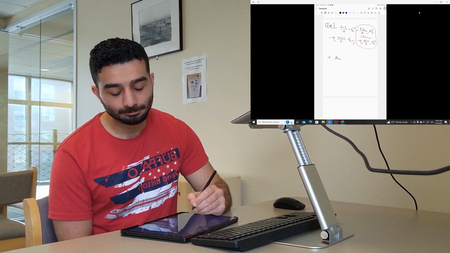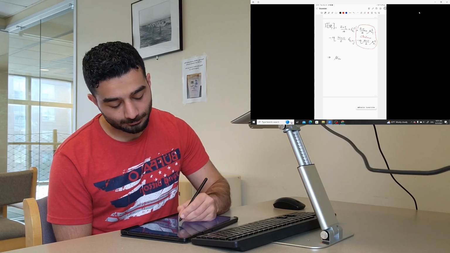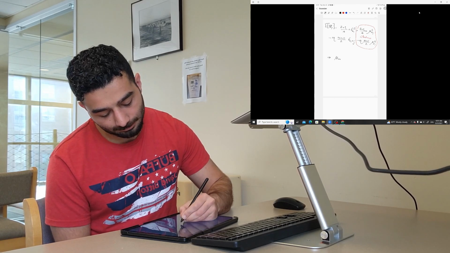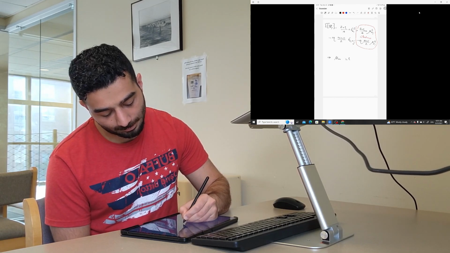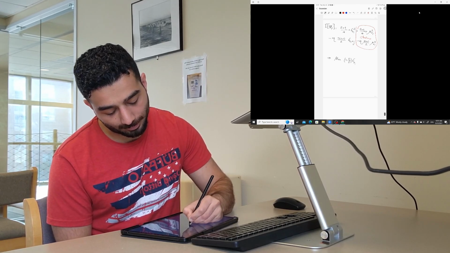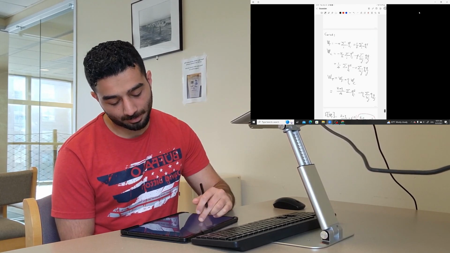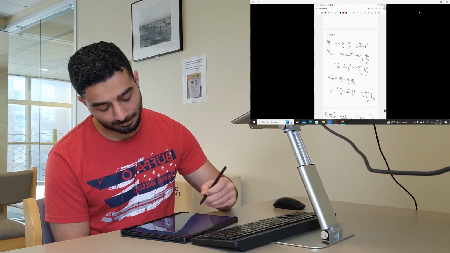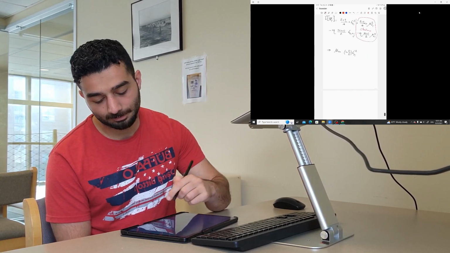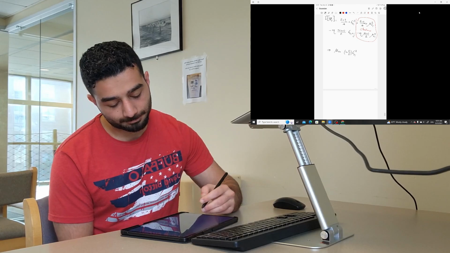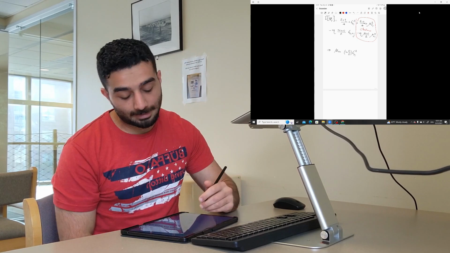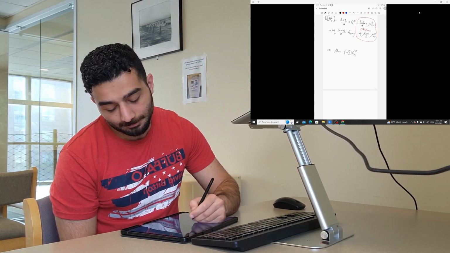maximize 1 plus eta over 2 sigma ai squared. Eta is positive too, by the way. It doesn't make sense to keep eta negative. Eta greater than or equal to 0. Alright. And 1 plus eta over 2 sigma ai squared.